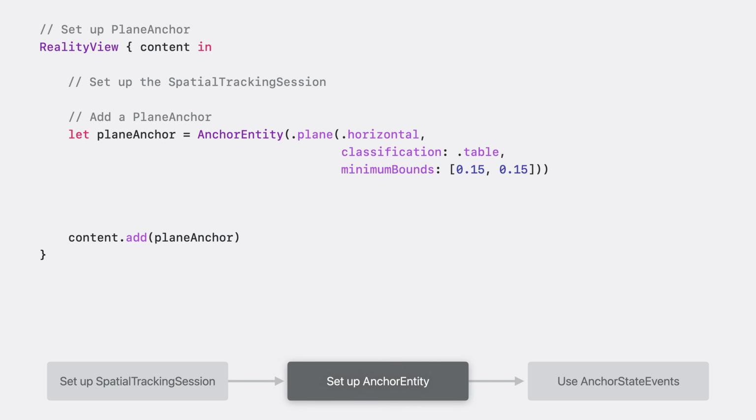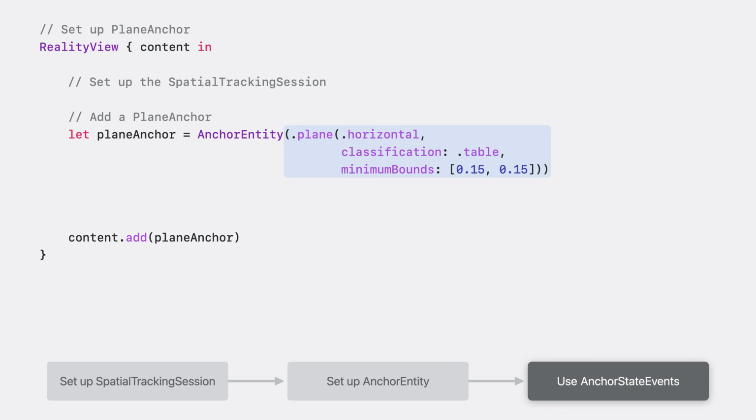I'll classify the anchor entity as a table that should be a horizontal surface with minimum bounds of 15 centimeters squared associated with it. This anchor entity will start off in an unanchored state, but will become anchored when a table plane is detected that matches the classification and bounds provided.